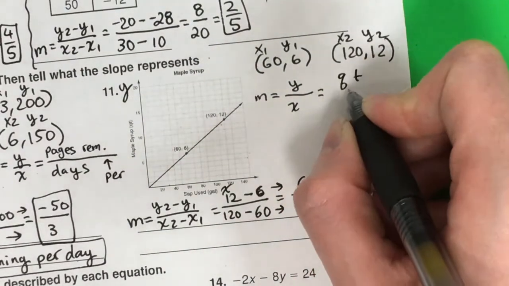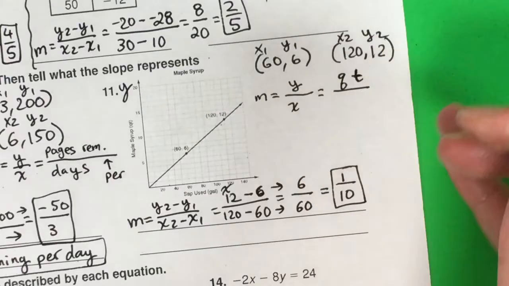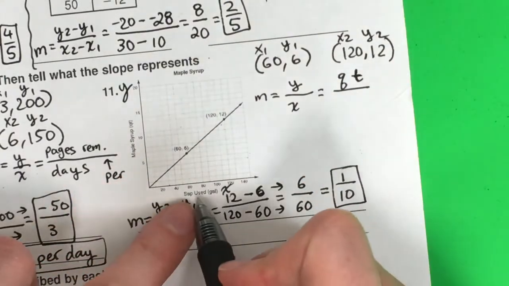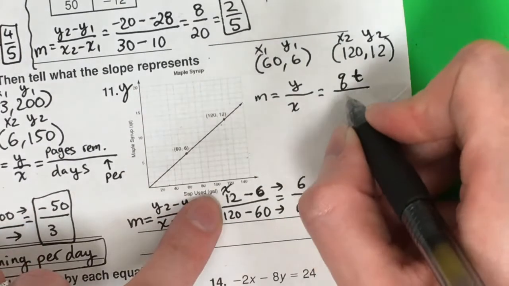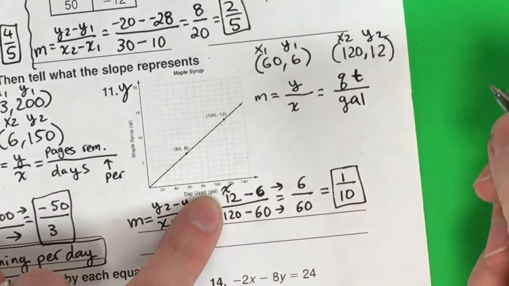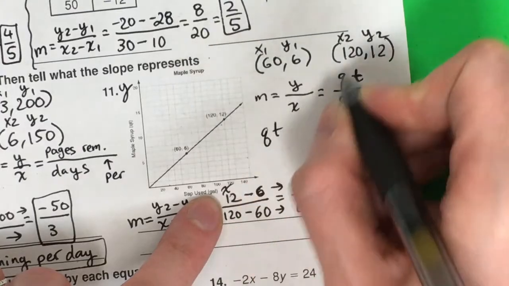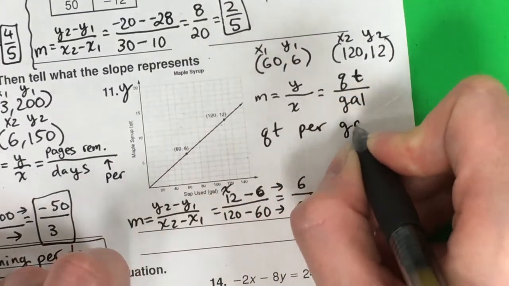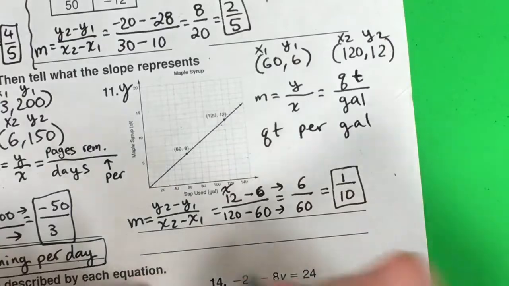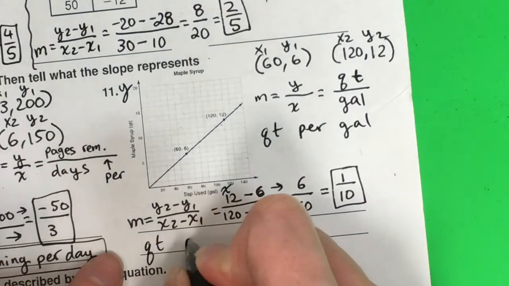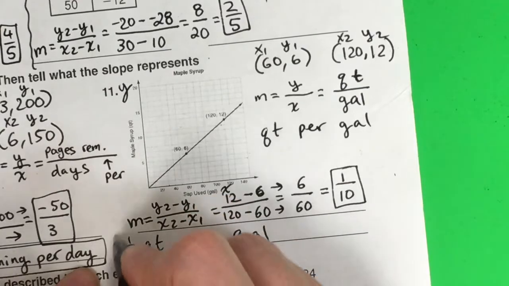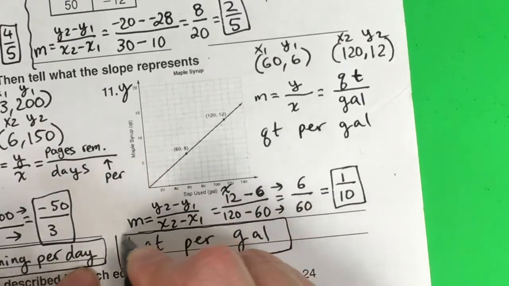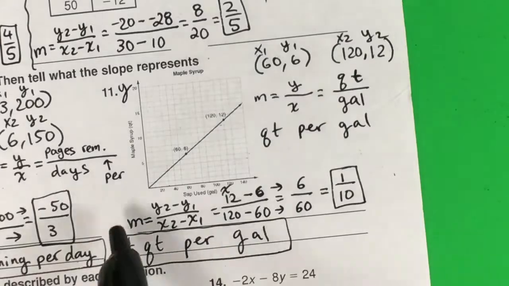So quart divided by, and then the X is sap used in parenthesis, it's gallon. So I'll put what's in parenthesis, gal. Okay, so it's actually QT per gallon. Okay, so quart per gallon. So 1/10 quart. So 1 quart per 10 gallons, basically. There you go.